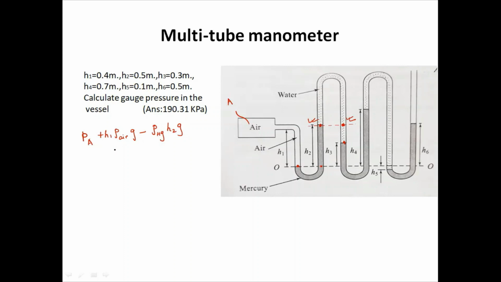So positive, so plus rho of water into H2 minus H3 into g. This is the pressure here. Whatever we have written as the pressure here, the same pressure will be found here because that side is the same liquid.